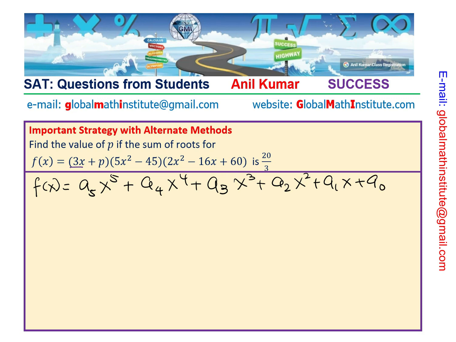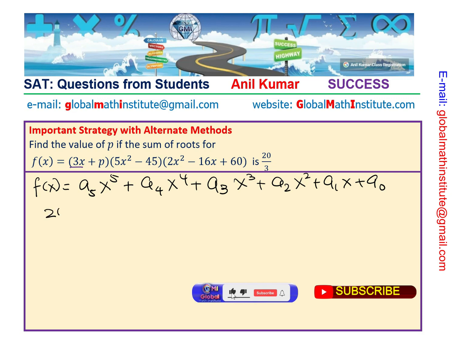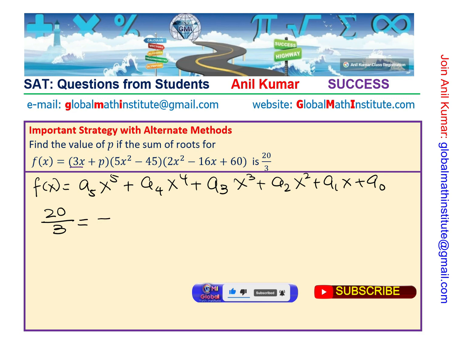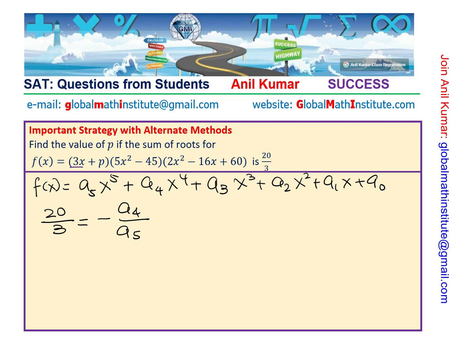Now, as per the formula, the sum of roots, which is given to you as 20 by 3, is equal to minus a4 over a5. Now the question is, how do we find the coefficients a4 and a5? So a5 is the coefficient of x to the power of 5, right?